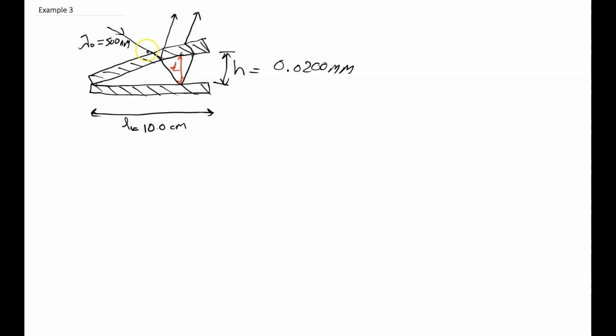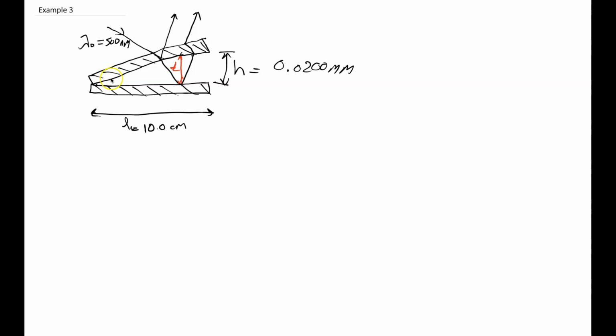Light will travel more slowly in the glass of the slides than it does in air. Hence, the wave reflected from the upper surface of the air has no phase shift, and the wave reflected from the lower surface has a half-cycle phase shift.